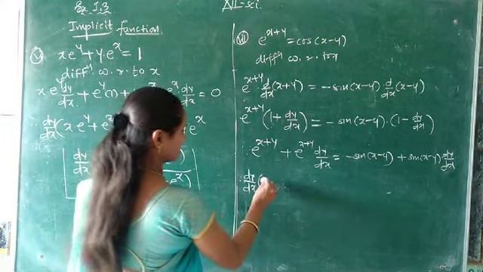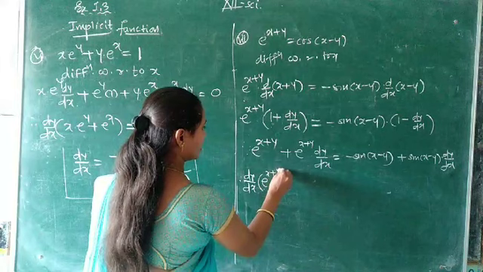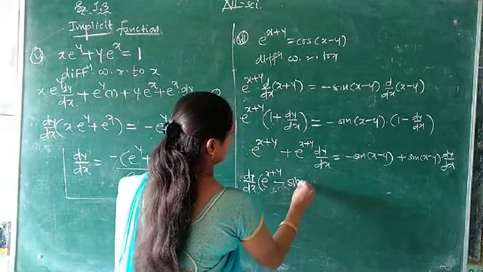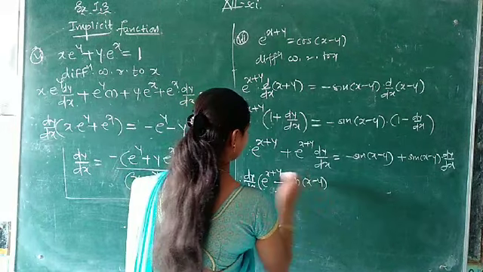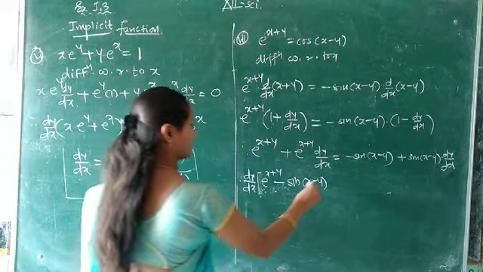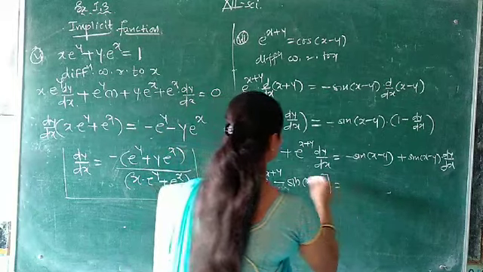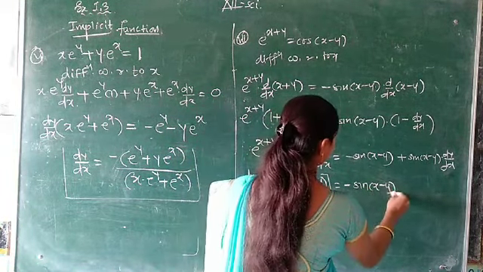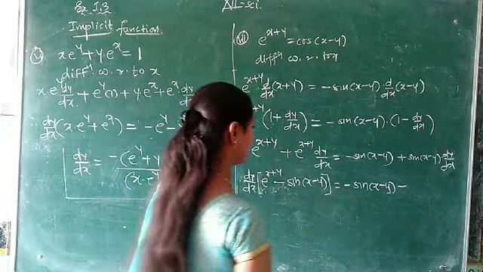Dy upon dx into the bracket e raised to x plus y, and the plus here becomes minus sin of x minus y, is equal to, writing the remaining terms, minus sin of x minus y minus e raised to x plus y.